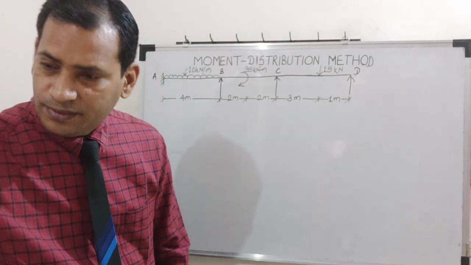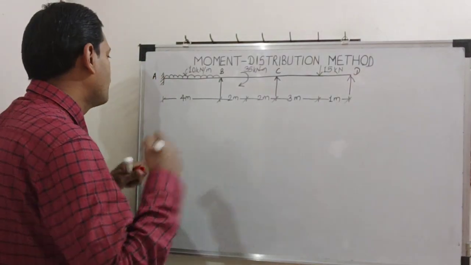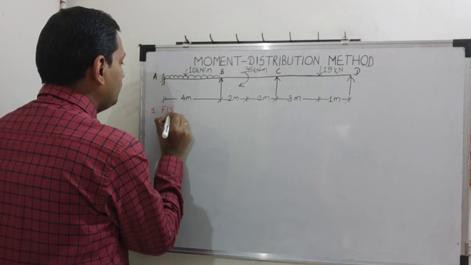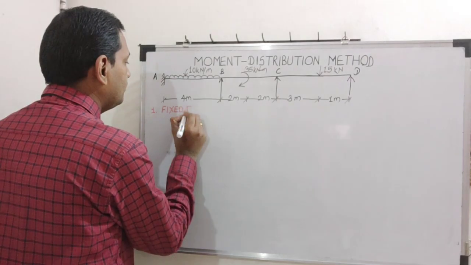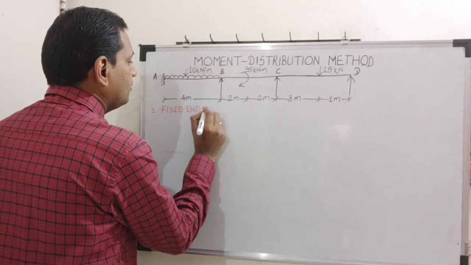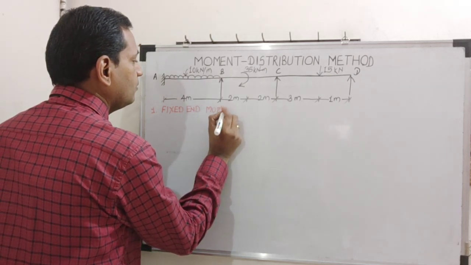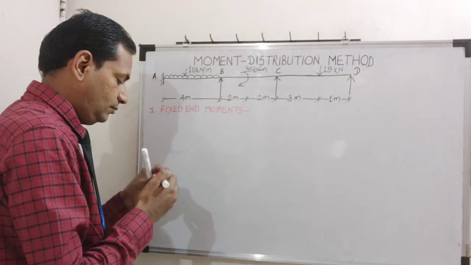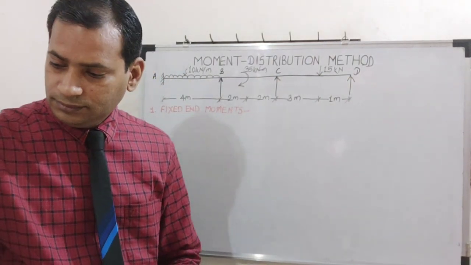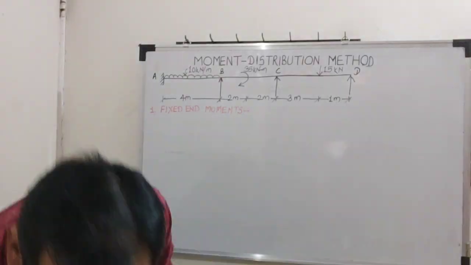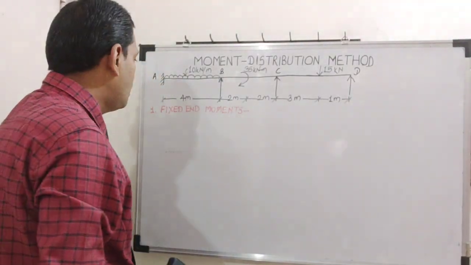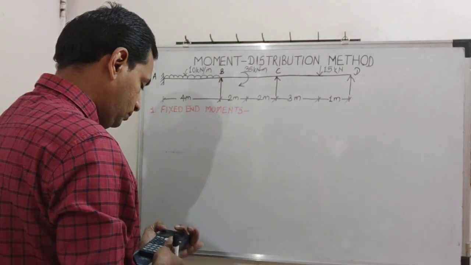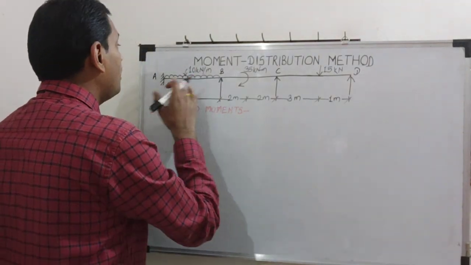So let us do it. First step, fixed end moments. So let us see what these values will be one by one. For the first span, UDL is there.